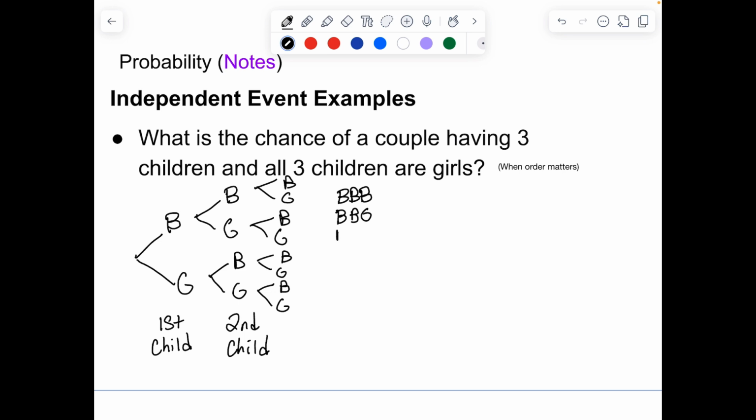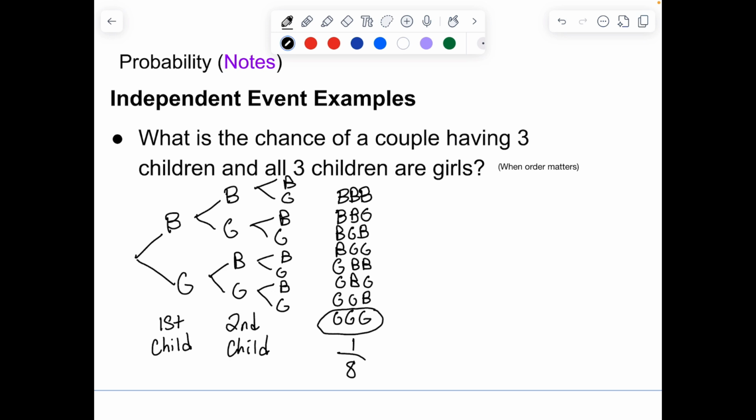They could have a boy, girl, boy, boy, girl, girl, girl, boy, boy, girl, boy, girl, girl, girl, boy, girl, girl, girl. Okay, so the chances then of having all 3 children being girls would be a 1 chance out of 8.